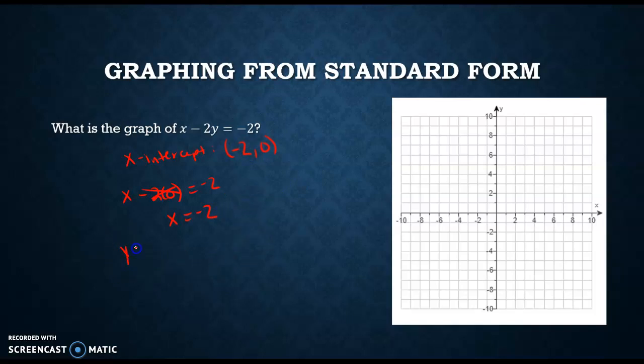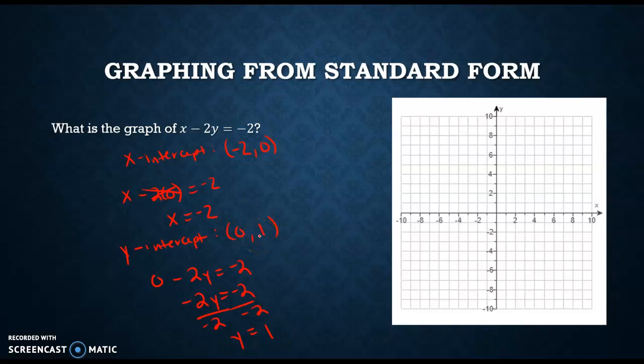And then I also have to find my y-intercept. And so I know that that is when x is 0, and then we find our y. And so I'm going to plug in 0 for x. So 0 minus 2y equals -2, which is the same as -2y equals -2, divided by -2, and y will equal 1.